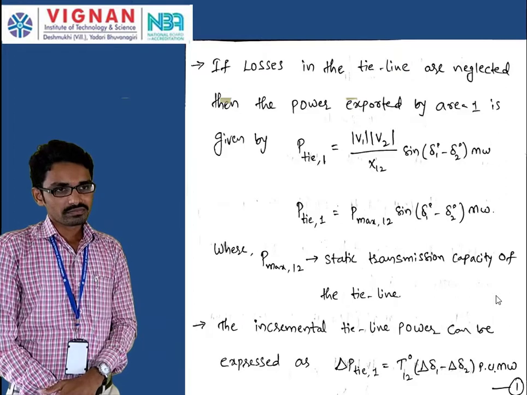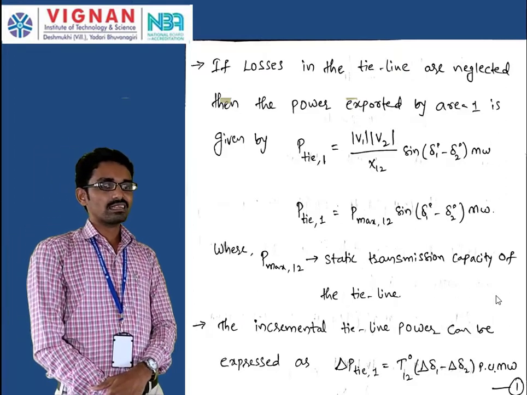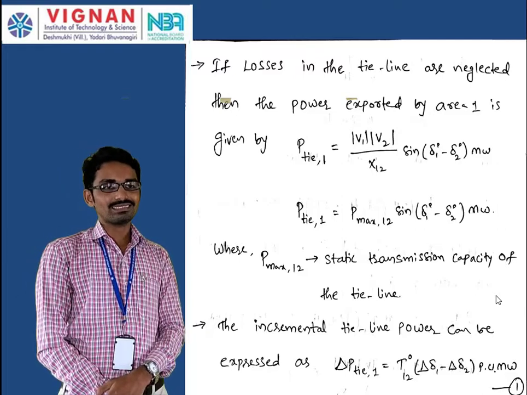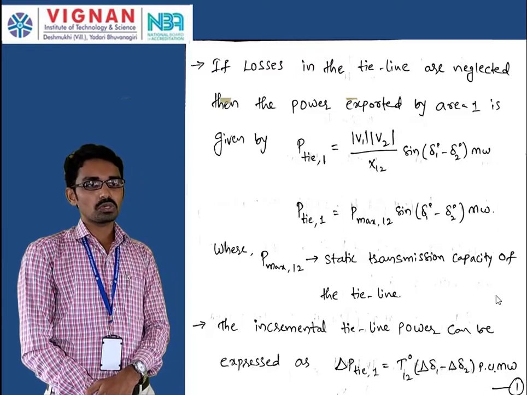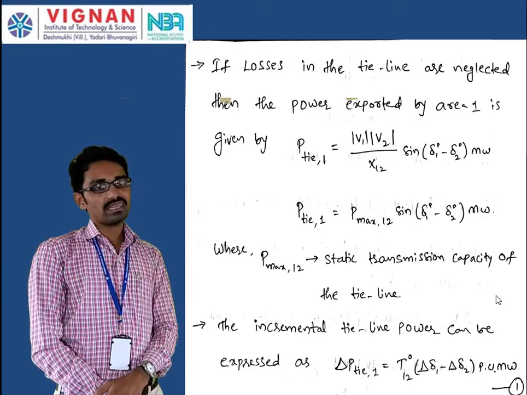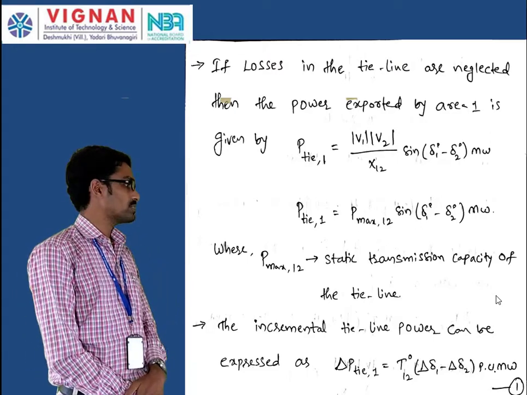And if we consider the incremental tie line power, it can be expressed as delta P tie 1 equals T120 into (del delta 1 minus del delta 2) per unit megawatts.